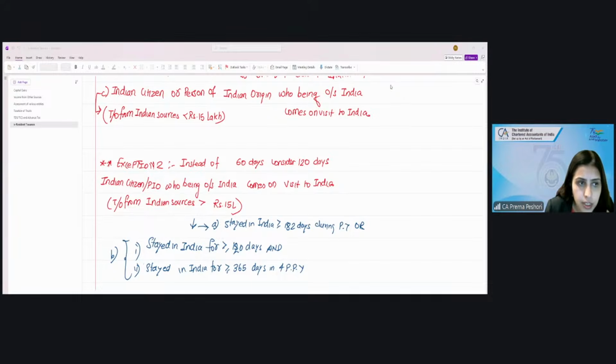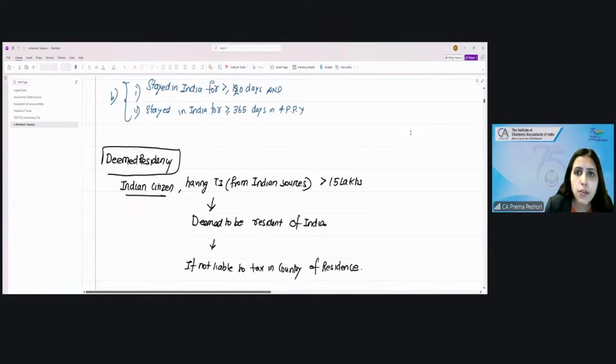Are we clear? Next, we have the concept of deemed residency. What is the concept of deemed residency?